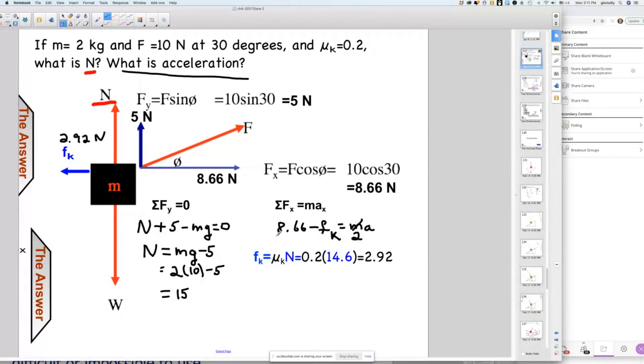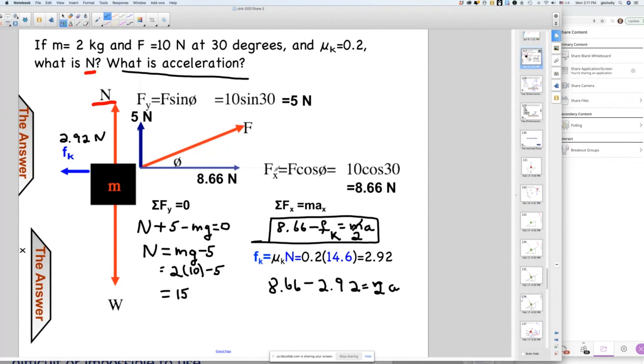Now we can apply this equation to figure out what a is. It's 8.66 minus Fk, which is 2.92, and that's equal to ma, equal to 2a.